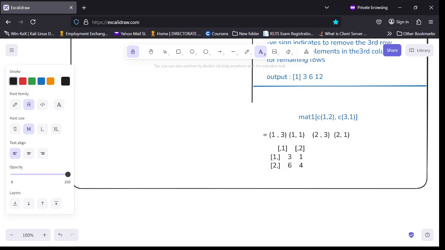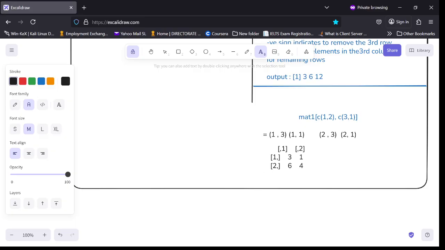So again I am iterating: we are selecting 1, 3, 1, 1. This is the first row, and this is the second row. That's why I have given a good space there, so that we can understand it better.